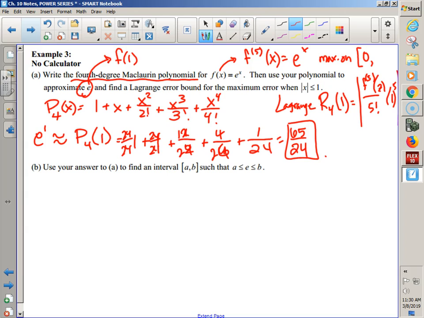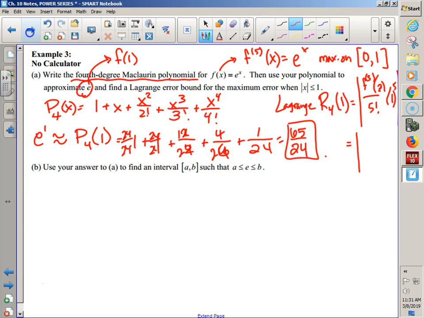Who's my A? Remember, where are you centered at? My 1's above. So I'm just looking at 0 to 1. Wait, we know e. What does e do? Swoop, there he is. Isn't he maximized at 1? Because he's high at 1.